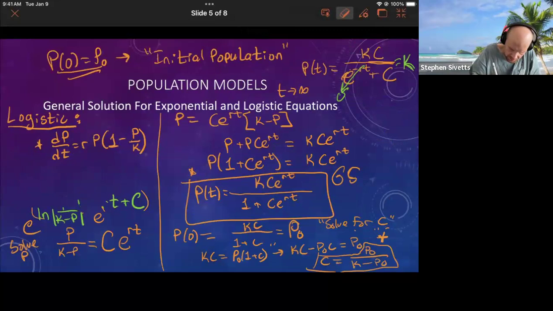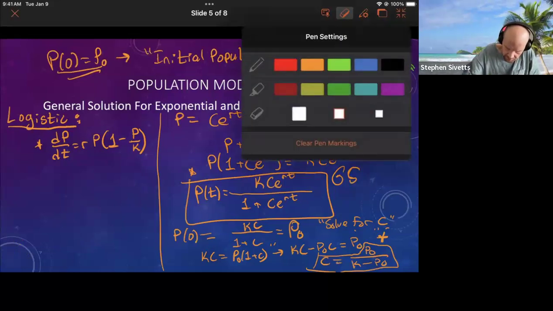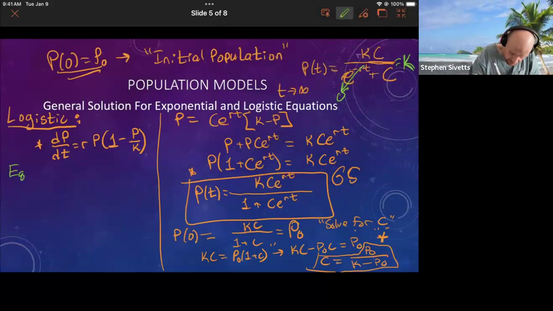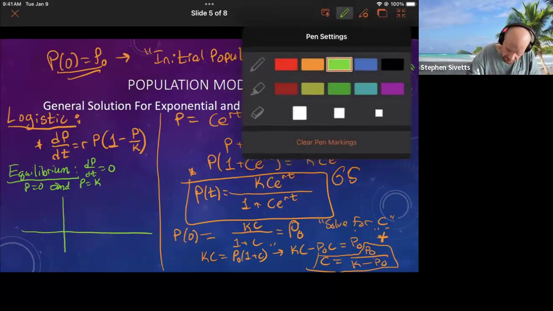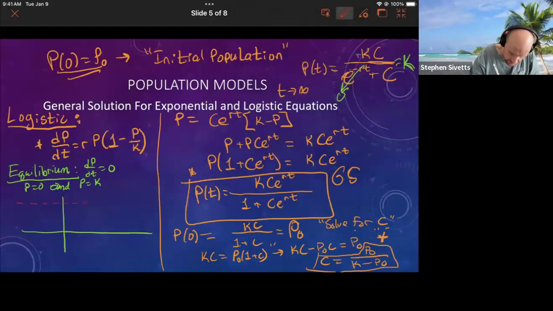Because the differential equation only depends on the population itself, we're going to have points that are equilibrium, where dP/dt equals 0, and that's where P is 0 or P equals K. So on a slope field, we're going to have equilibrium points at P equals 0 and at P equals K. So we're going to have horizontal lines here at P equals 0 and at P equals K. So if I'm dealing with the t-P axis here.